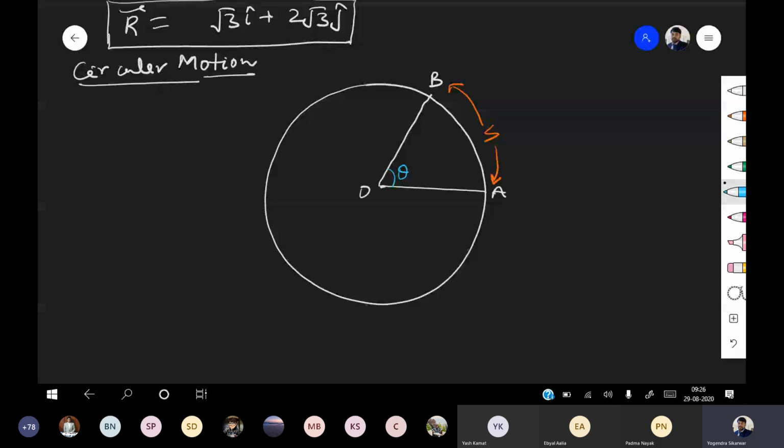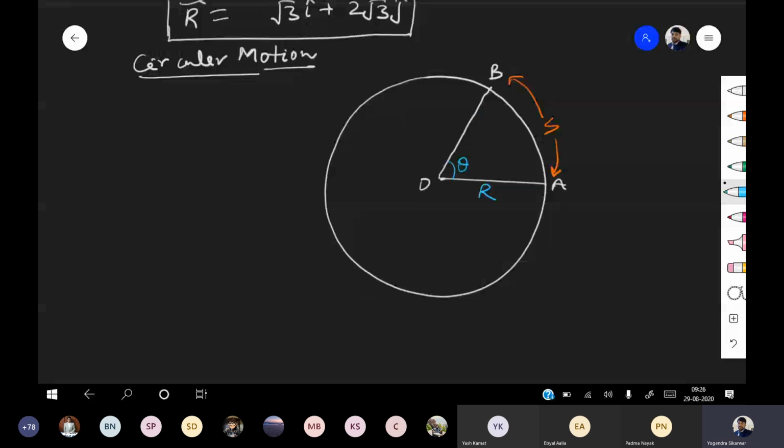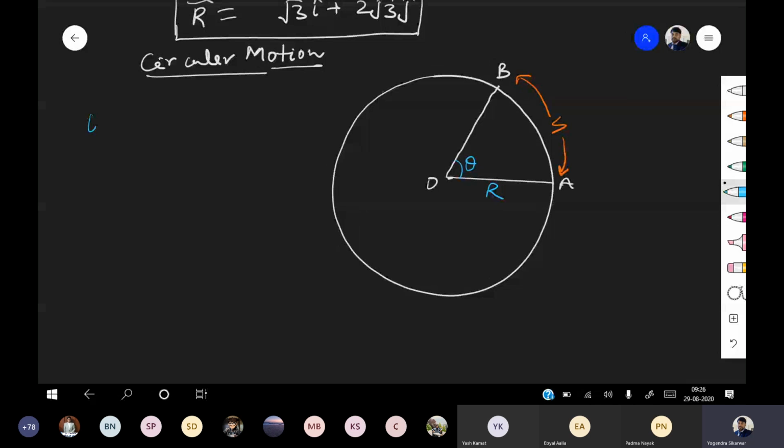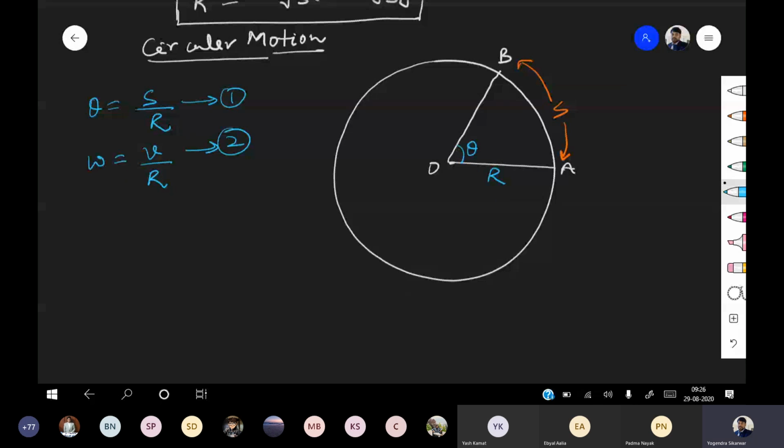Theta is the angle, r is the radius. So we have talked that theta is equal to s upon r, and theta is angular displacement. Similarly, omega is equal to v by r, where omega is angular velocity.